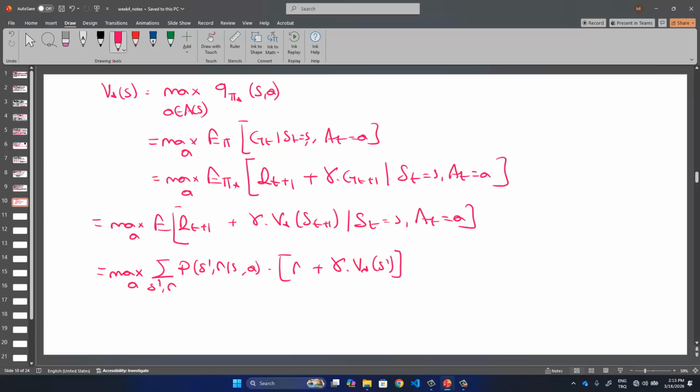Okay, we are just putting the equation into this one. What does it tell us?